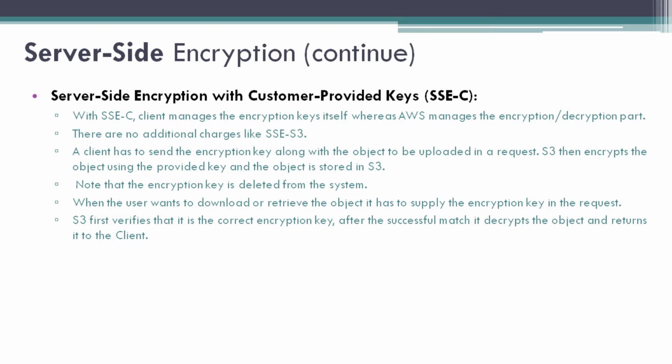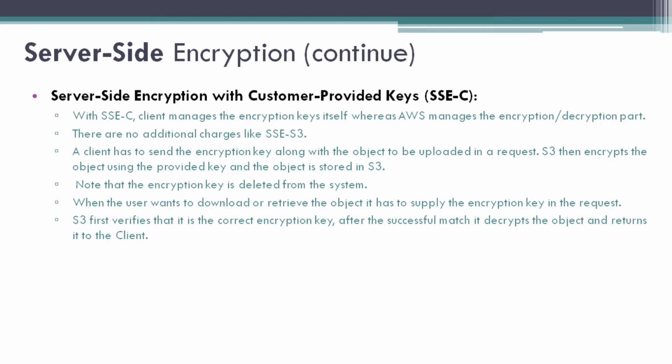The customer has to provide their own key with the PUT request. With SSE-C, the client manages the encryption keys itself, whereas AWS manages the encryption and decryption part. There are no additional charges, like SSE-S3. This is again a free option.